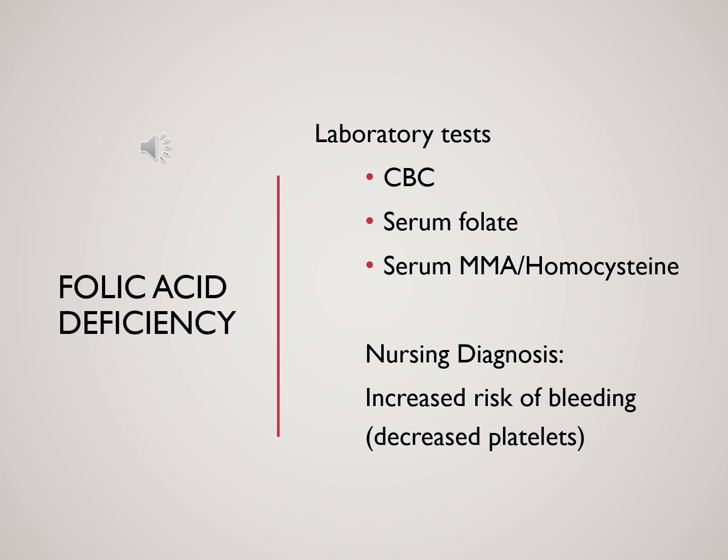A CBC confirms the diagnosis of anemia with decreased hemoglobin levels. However, a specific etiology of the anemia must be identified. Serum MMA and homocysteine levels are the best laboratory tests used to differentiate between anemia caused by folic acid deficiency and those secondary to a vitamin B12 deficiency.